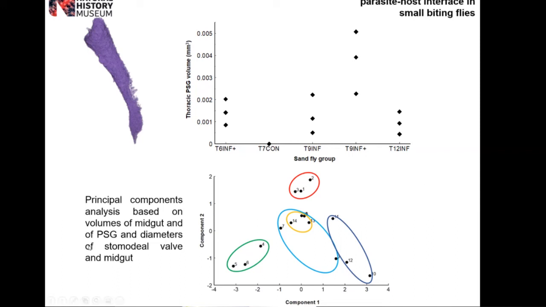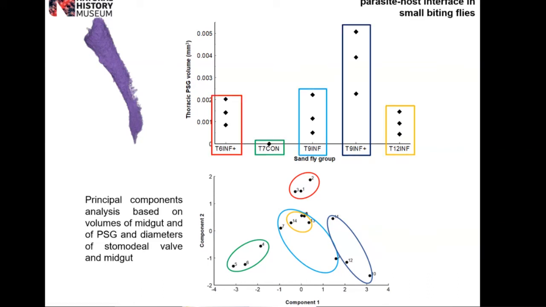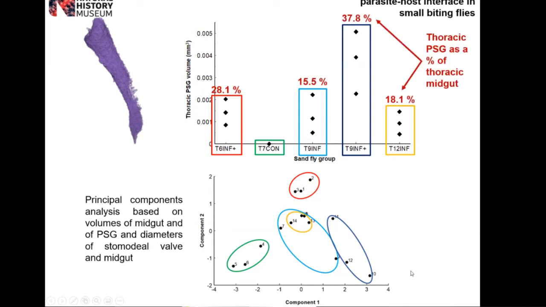Sorry, I should have said that this is analysis based on the volumes of the midgut, both thoracic and abdominal, and the volumes of the PSG, and the diameters of the valve and the midgut. And this is our infected flies that had that second blood meal. These are the same colors as in the principal components analysis.